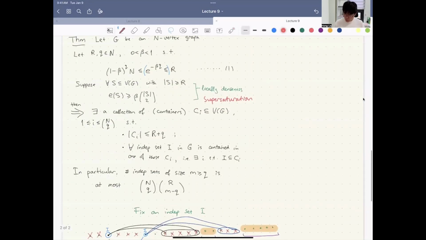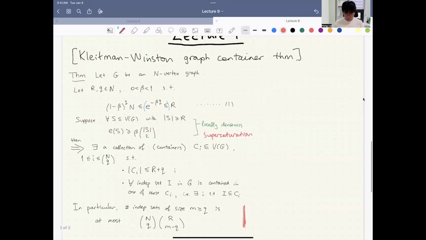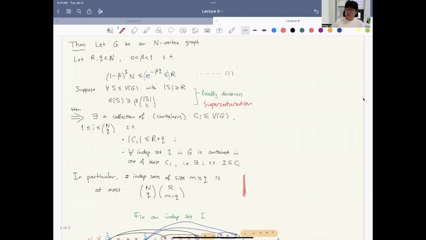Let me mention one more consequence of this: we can also count the total number of independent sets.